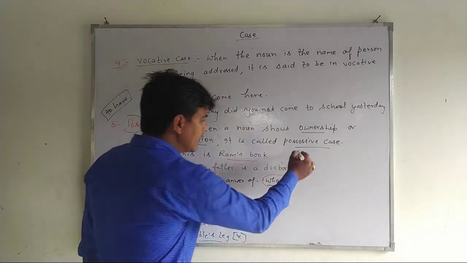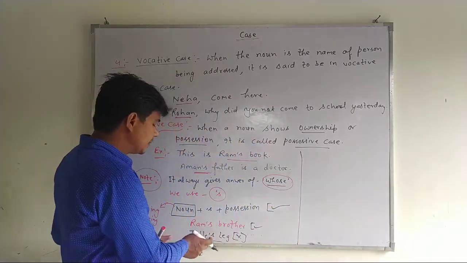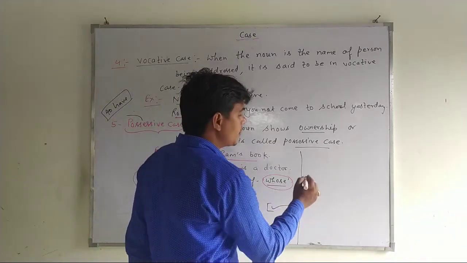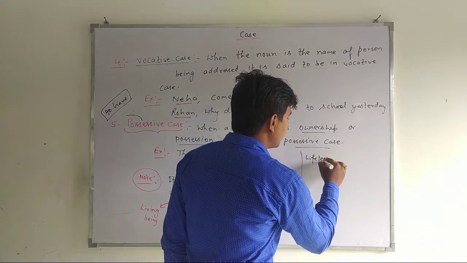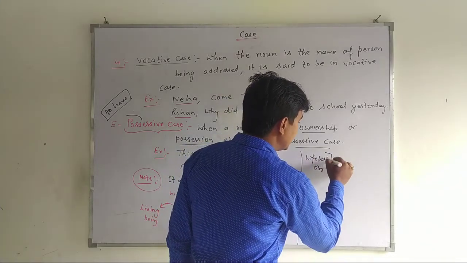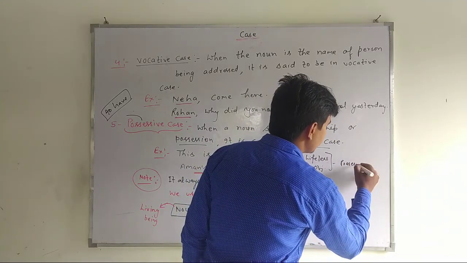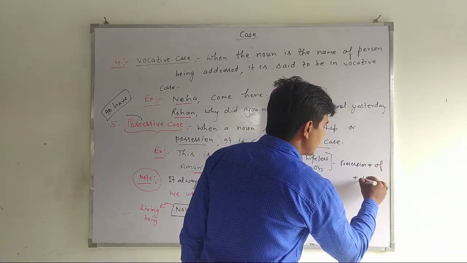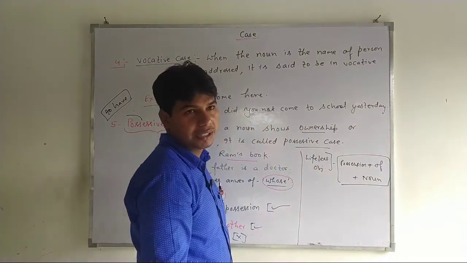So how can we correct that sentence? If the noun that shows possession is a lifeless object, in that case possession will come first, and after that we use of, and at last we use the noun. That formation we use. Is that clear?